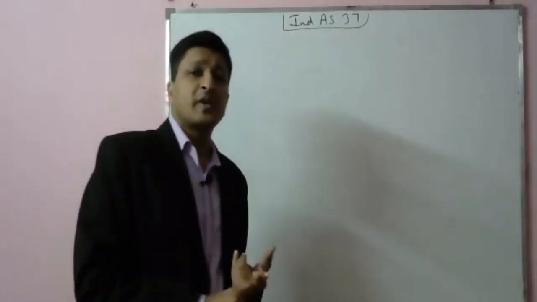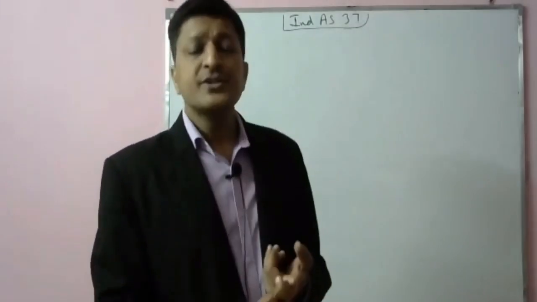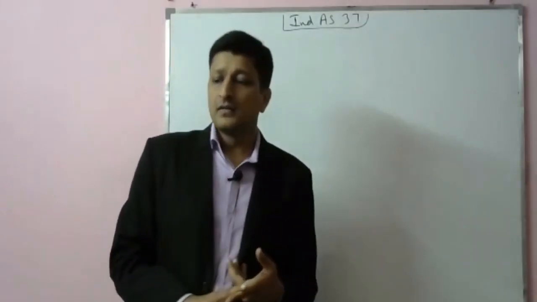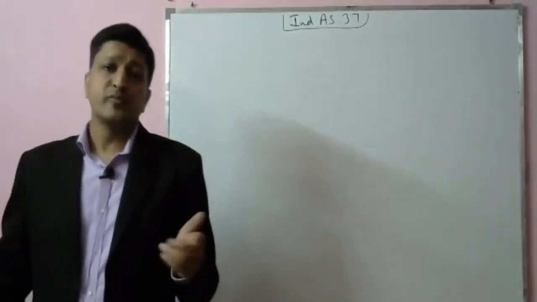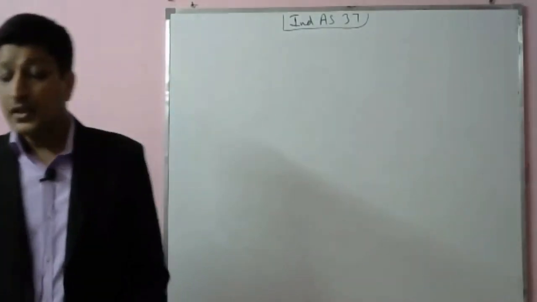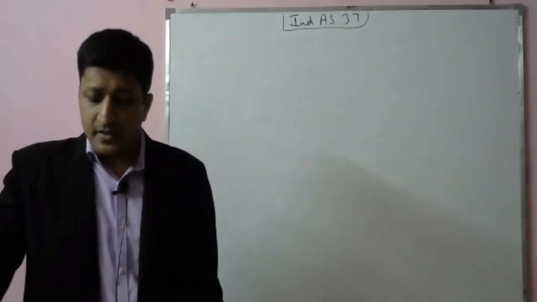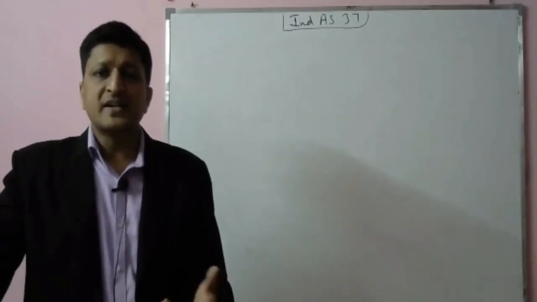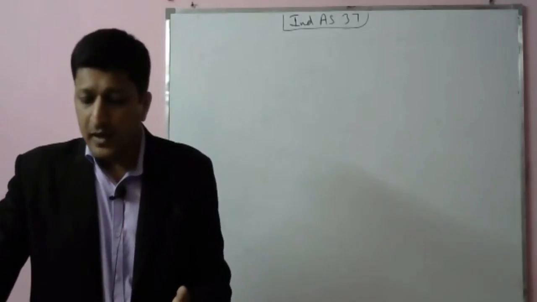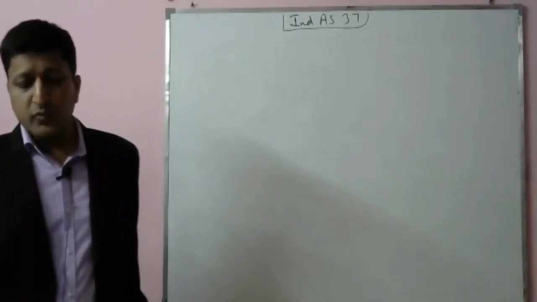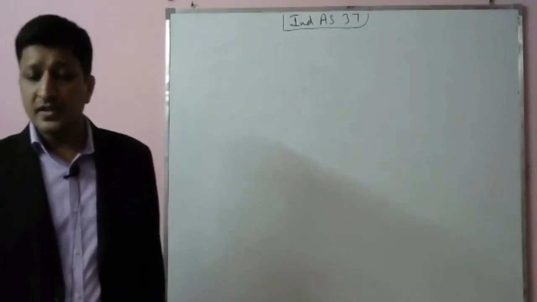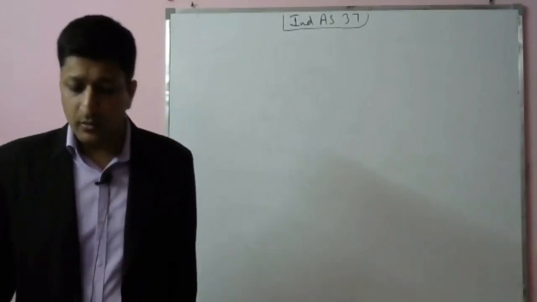One, there has to be a present obligation. Second, the present obligation should be based on past events. Third is the outflow of resources. Let's spend some time on the second requirement of past events. So what is this requirement of past events? What is it that we need to look into?